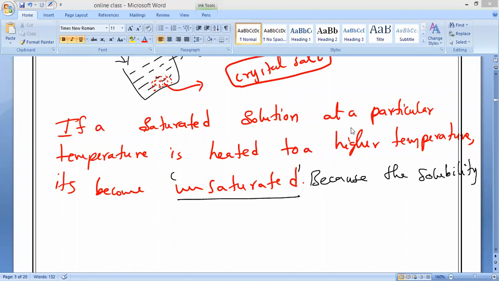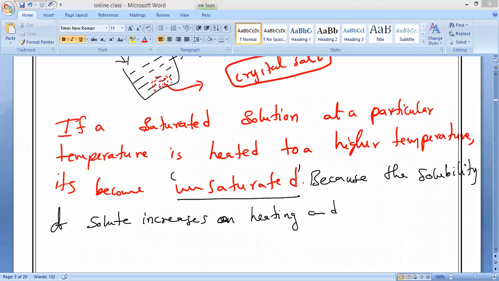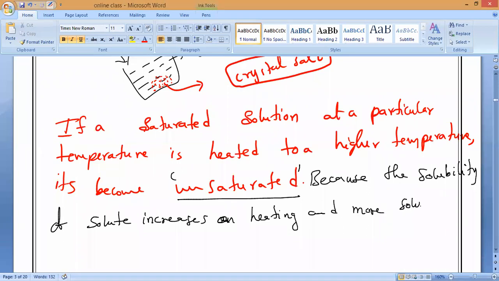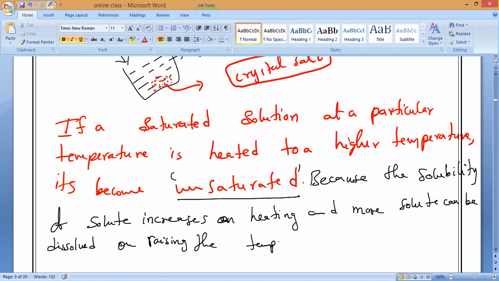Because the solubility of solute increases on heating, and more solute can be dissolved on rising the temperature of the solution. Is it okay, everyone?